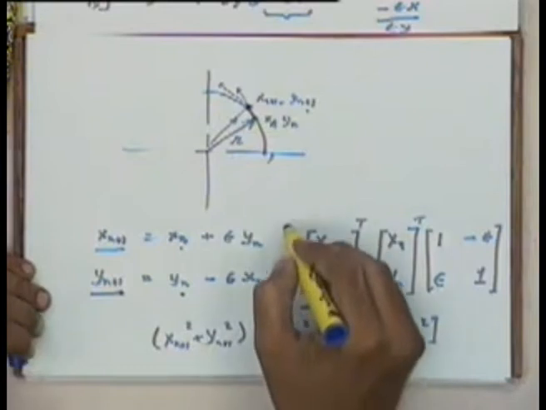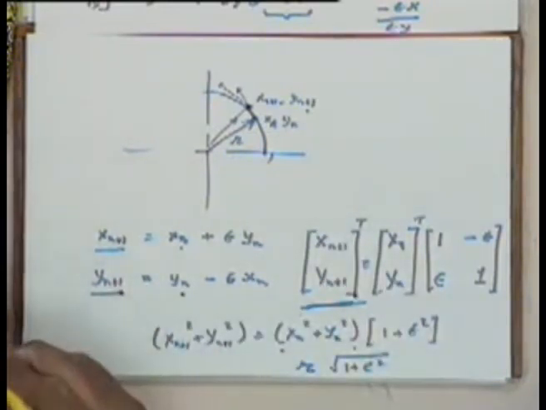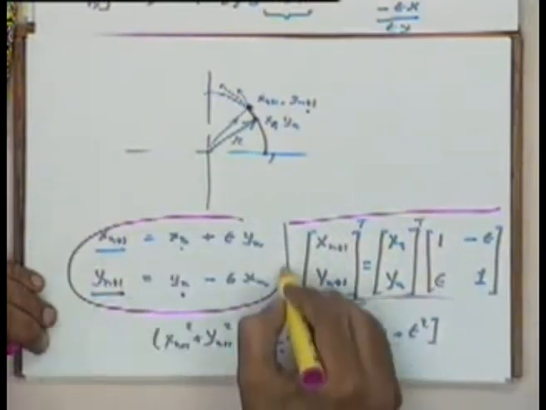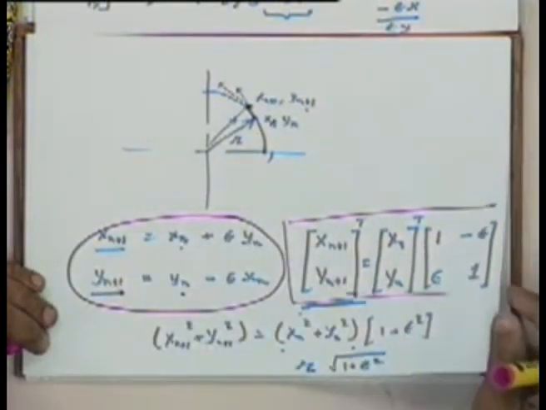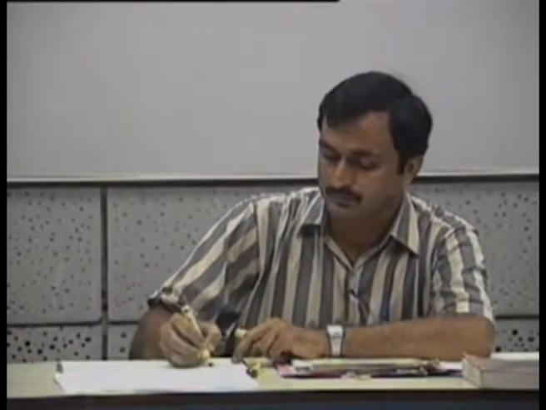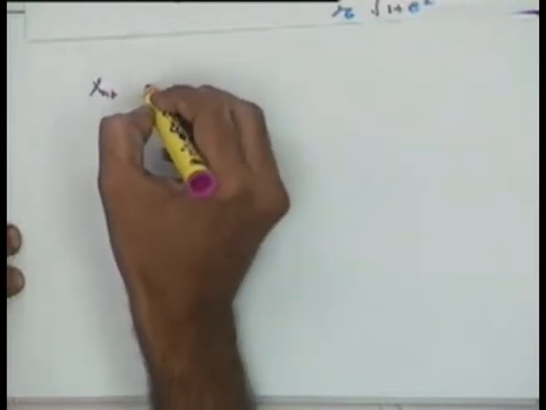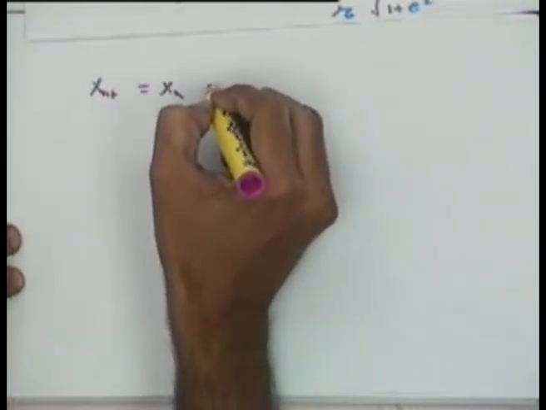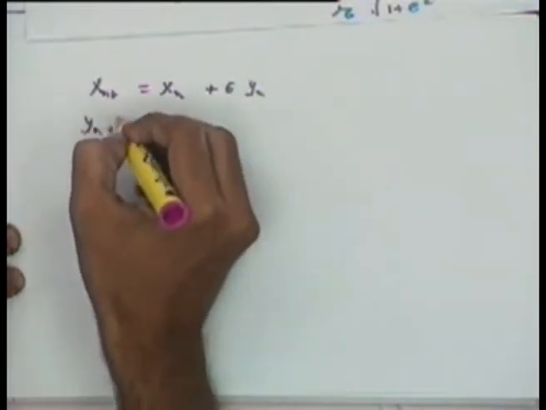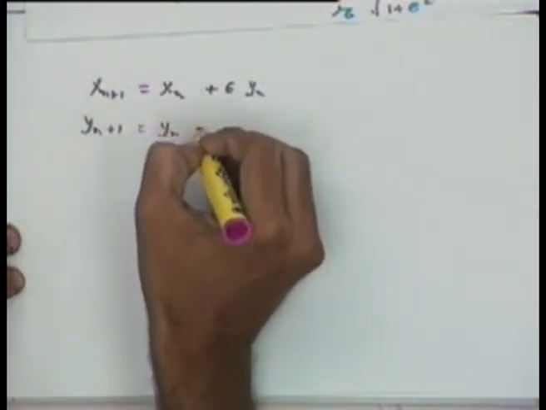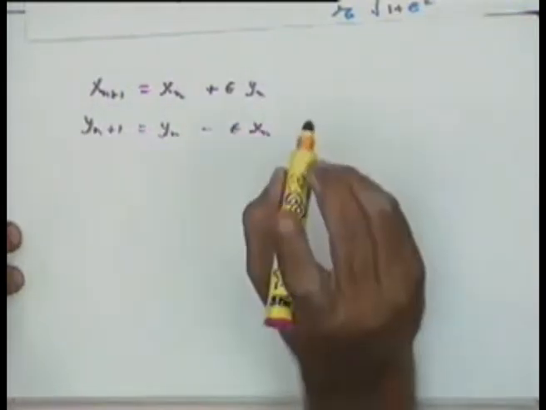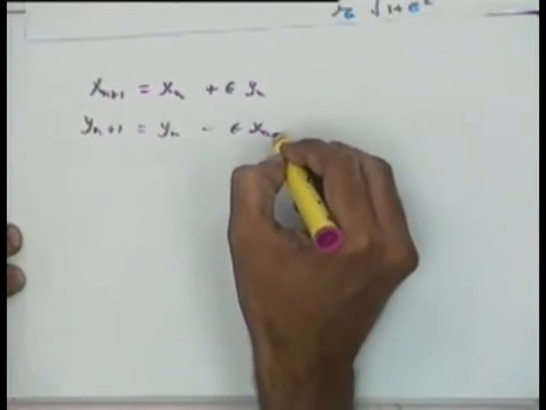To avoid that, instead of using this relationship or this system of equations, what we will do is make a small change. Instead of xn, we will make it xn plus 1.